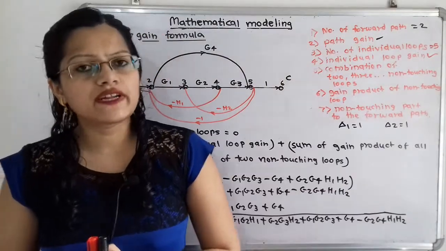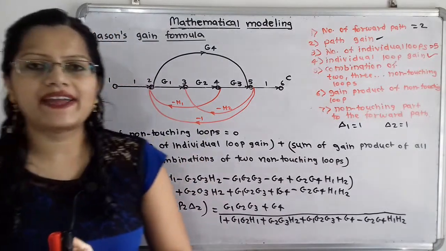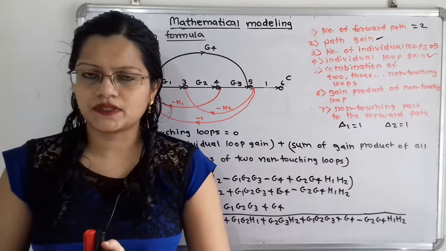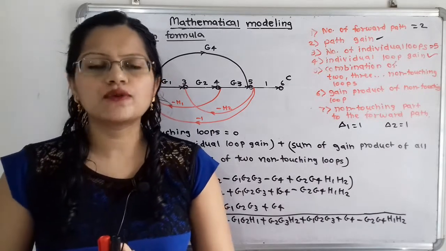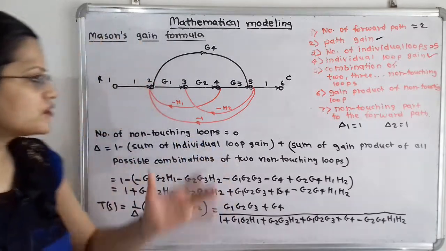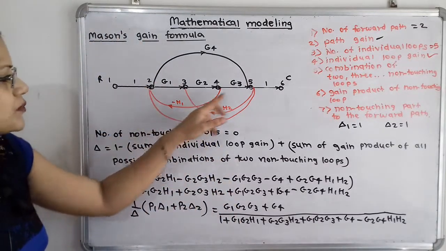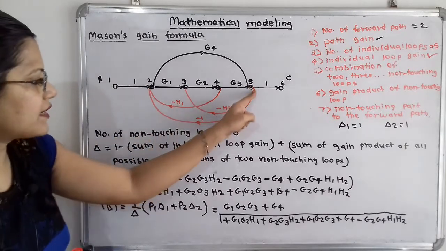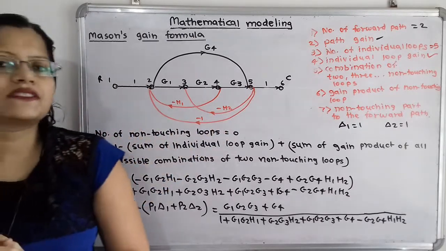Now we will move to the next point, that is we have to find out the possible combinations of 2 non-touching loops, then 3 non-touching loops, 4 non-touching loops, and so on. Now if we observe the given question, all the loops are touching each other. So if we observe these loops, that is part of loop is the feedback path.